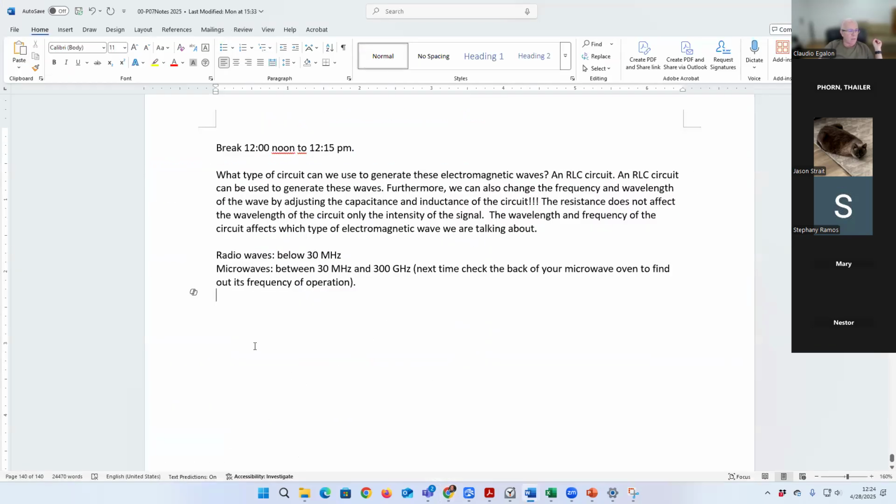And then there are a few more electromagnetic waves. Infrared radiation, anywhere between 300 gigahertz and 300 terahertz. And then we have the visible spectrum, which, by the way, is one type of electromagnetic wave, anywhere between 300 terahertz and 750 terahertz.